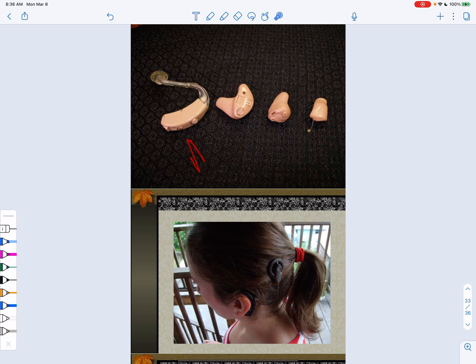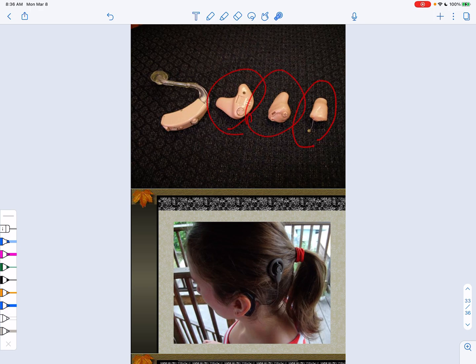And this one up top is not going to have the part attached to the head. This one up top here is just going to magnify the sound. Okay, these are hearing aids that just simply make things louder. And they got smaller and smaller over time.